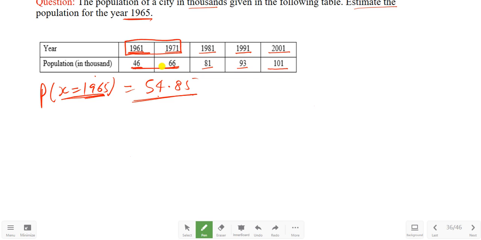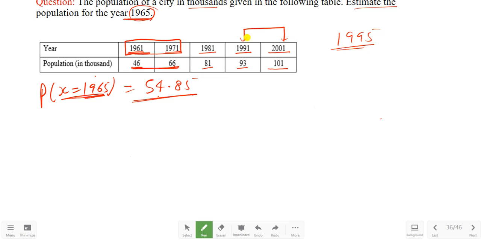So we computed the population in the year 1965 with the help of the Newton's forward difference interpolation formula. Now if we want to compute the population in the year 1995, 1995 lies between the last two values of the given data.